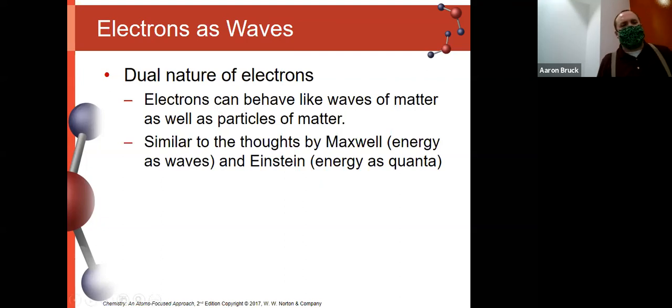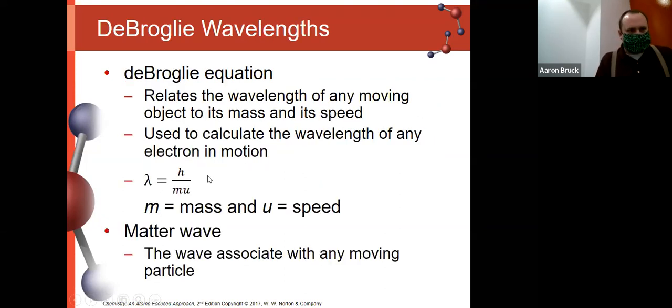Electrons actually exhibit wave-like behavior as well. And so this brings in another equation here. Now, don't worry about this particular equation, I'm not going to ask you to do any calculations with it. But what I want you to understand out of this equation is the following.